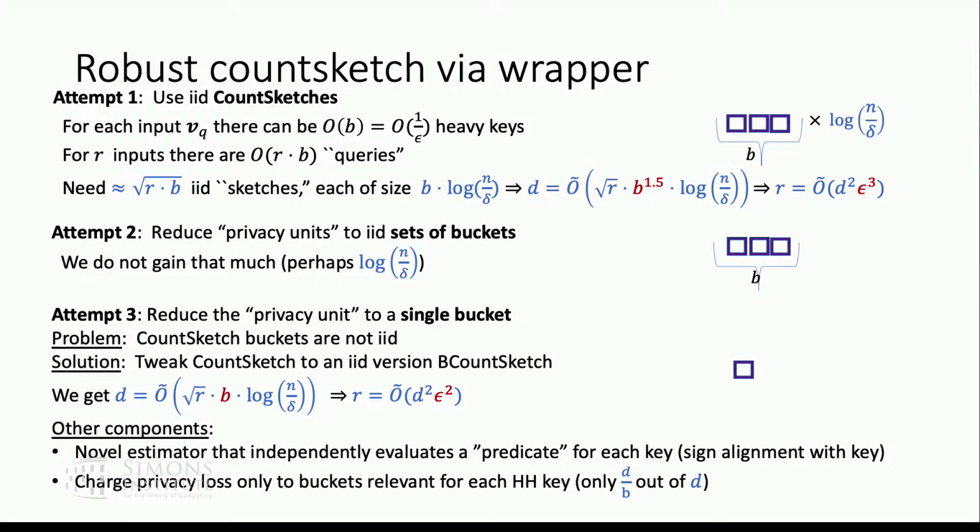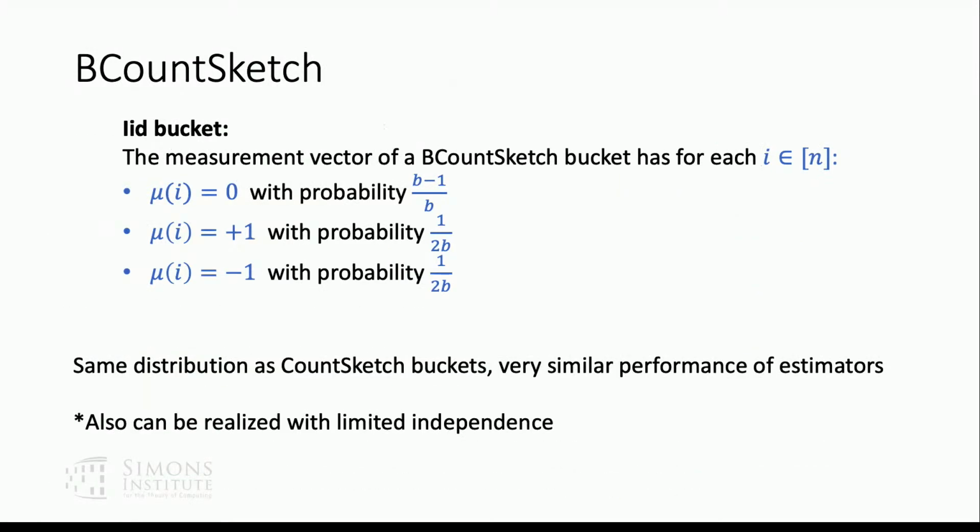So now the modified count sketch looked like this. Instead of the hash function that partitions into B buckets, every linear measurement is such that every key maps in with probability 1 over B, and then it's 1 or minus 1 with equal probabilities. So this is a slightly modified count sketch.